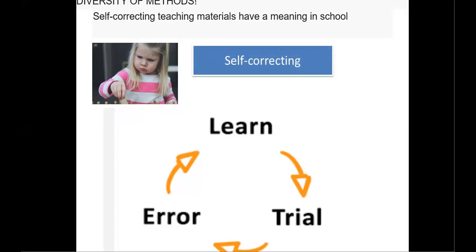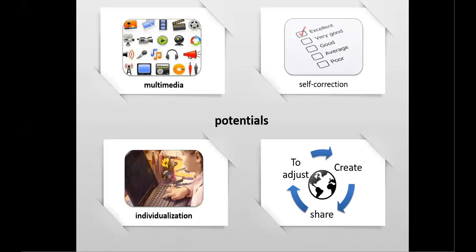Why I put this slide in particular is because we are going to see now in the website how we could correct for ourselves. Here we also have potential like multimedia for self-correction, different kinds of multimedia. Here we also have self-correction: excellent, very good, good, average, poor.